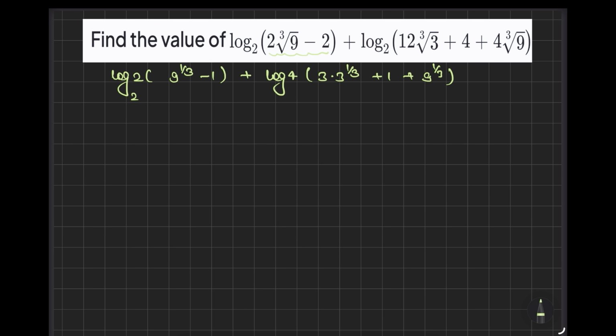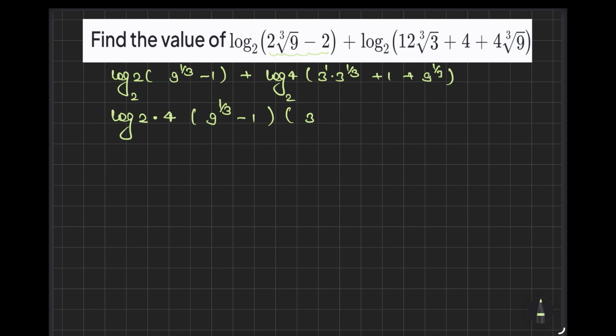Now, what I feel is it is log m plus log n. So can I apply this property and it will become log mn? Log 2, then 4, then 9 power 1 by 3 minus 1 times, can I write down this thing as, base same power add?